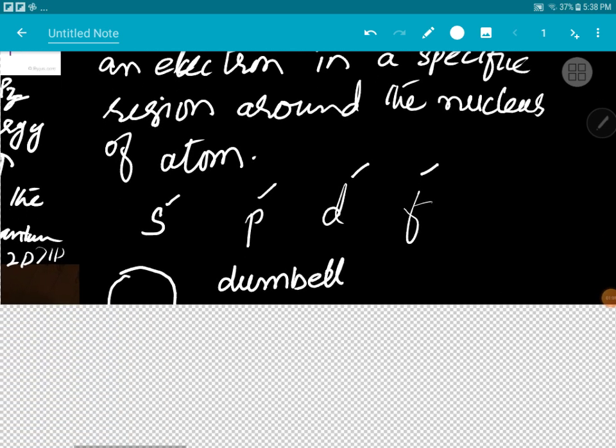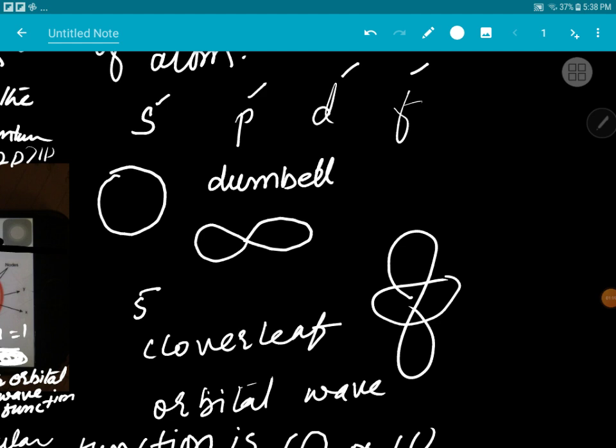An s orbital looks like a spherical shape with the nucleus at its center, and a p orbital is a dumbbell shape, also called a loop, with the nucleus at its center.